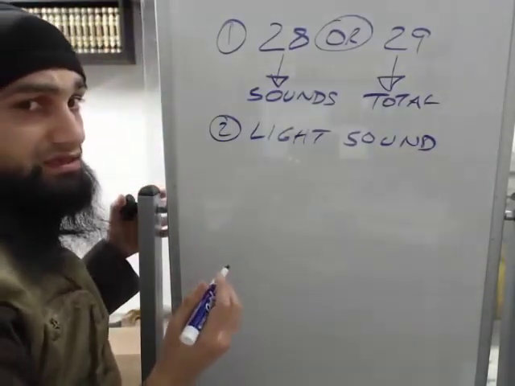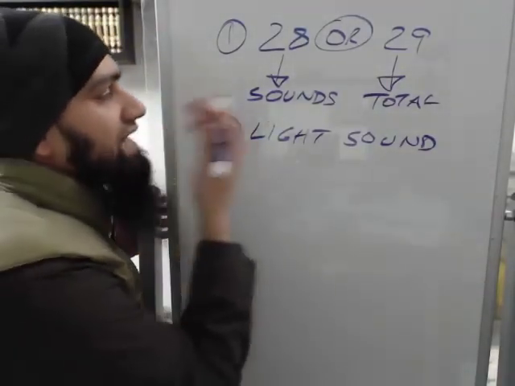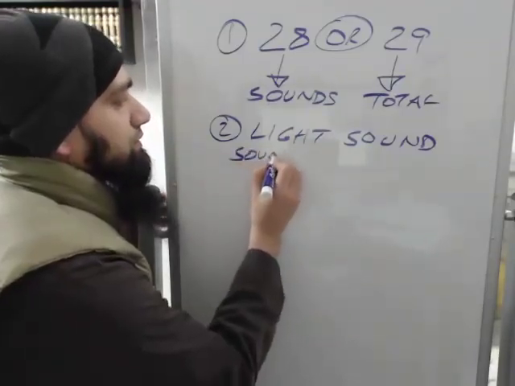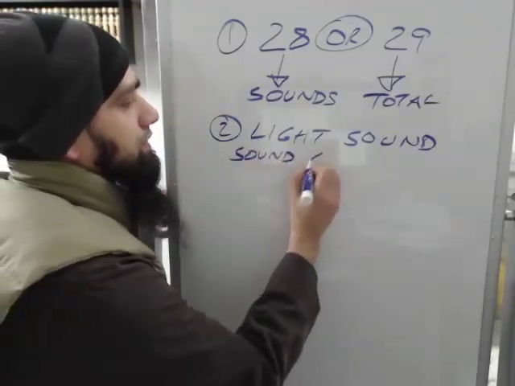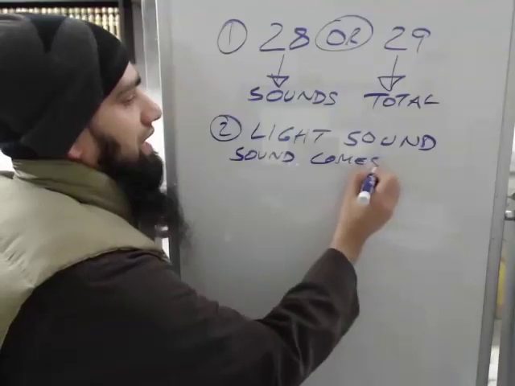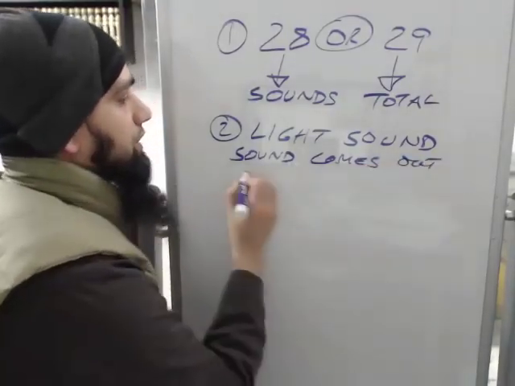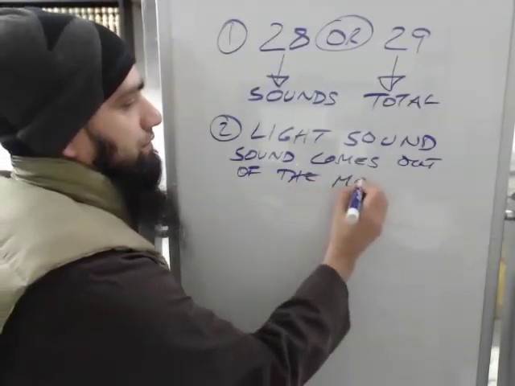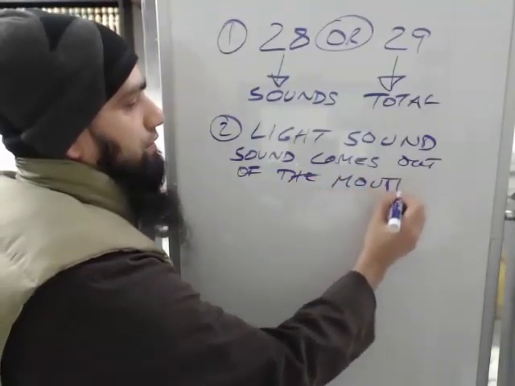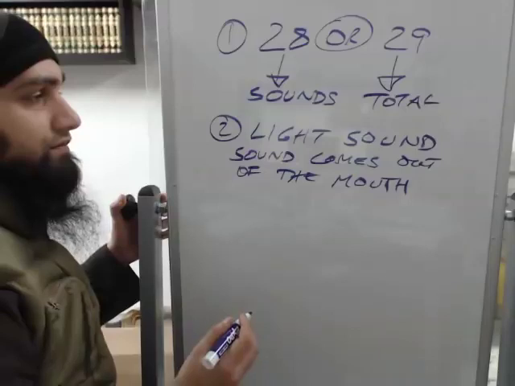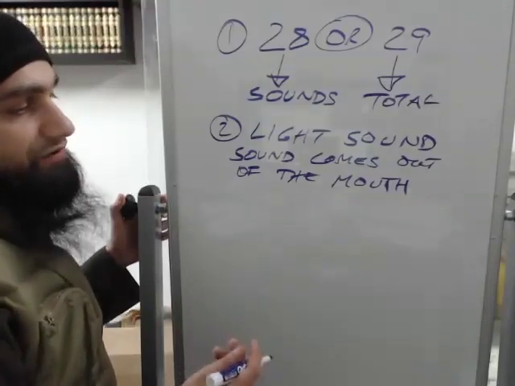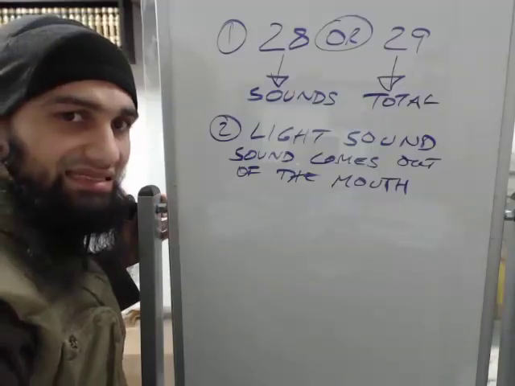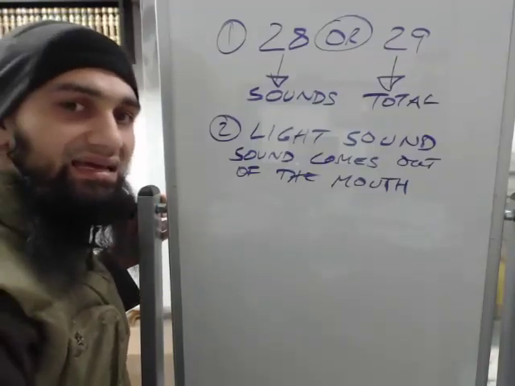for the light sound, the sound comes out of the mouth, right? Okay. For example, if you say the word cat, in English you say cat, ka, ka, ka.